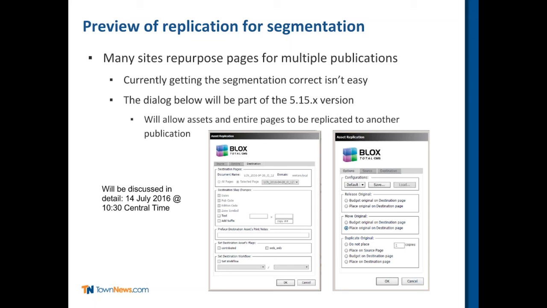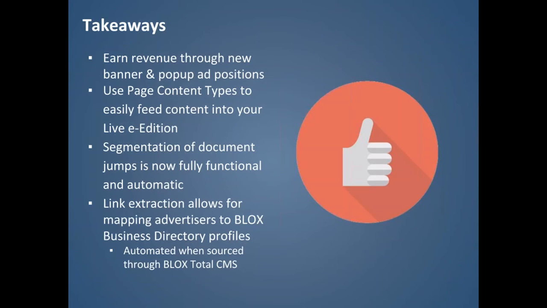But we can also replicate entire pages to a different destination document. This is going to be done by the end of June, and we'll discuss it in our next webinar for BLOX Total CMS, which is the 14th of July. So that is up for me, and I will turn it back over to Aaron.